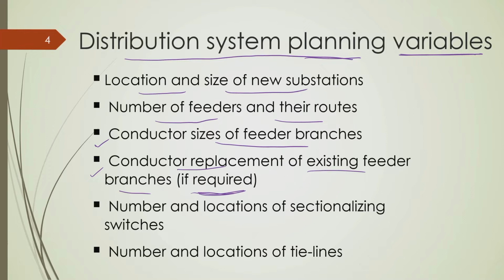Also, the number and locations of sectionalizing switches and the number and location of tie lines. Sectionalizing switches and tie lines were already discussed in module 2, so I hope you can remember. Where we allocate these sectionalizing switches and tie lines are also part of the decision variables.